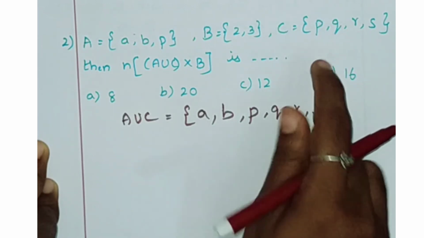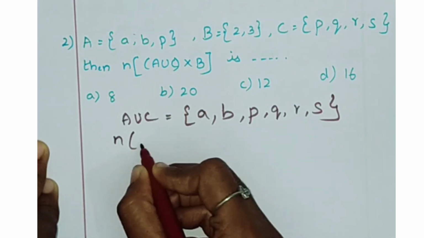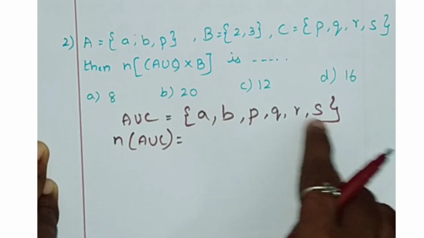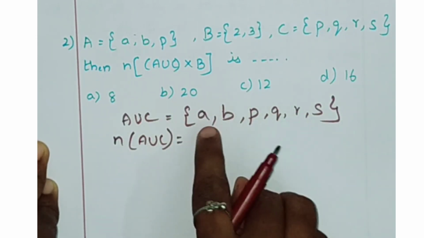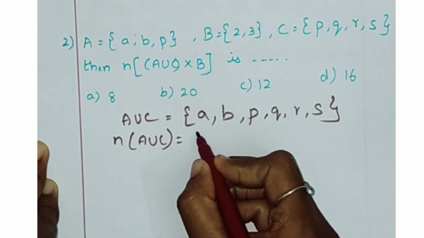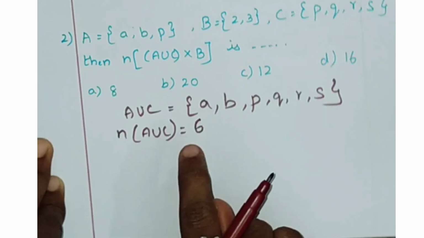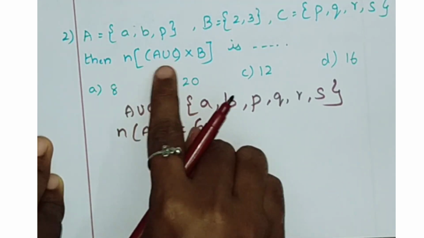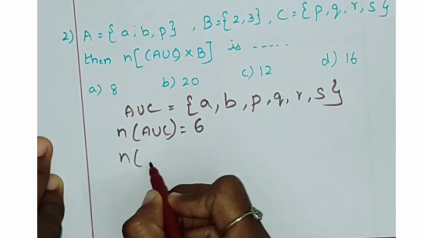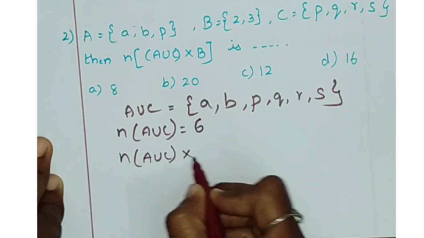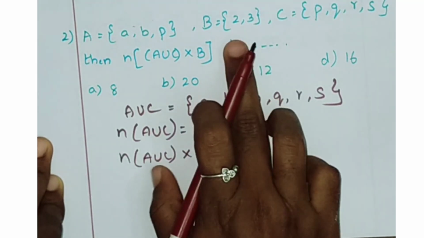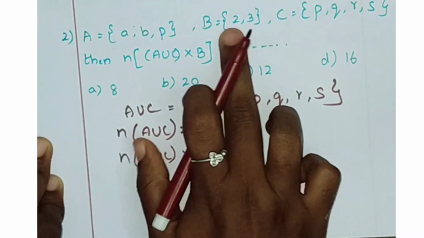Now you have to write n of A union C, which is the number of elements present in A union C, that is 1, 2, 3, 4, 5, 6. So it's 6. Now we'll do n of A union C into n of B. See, B is {2, 3}, so only 2 terms.